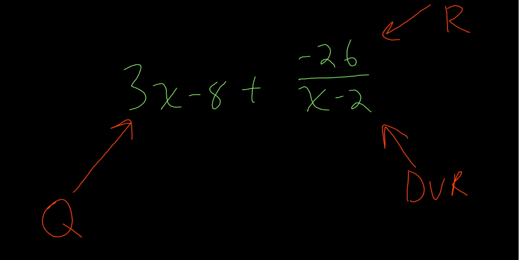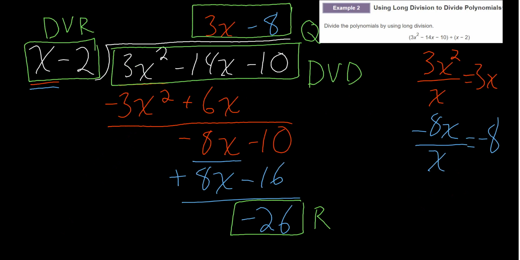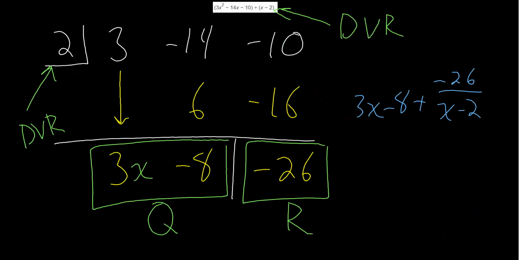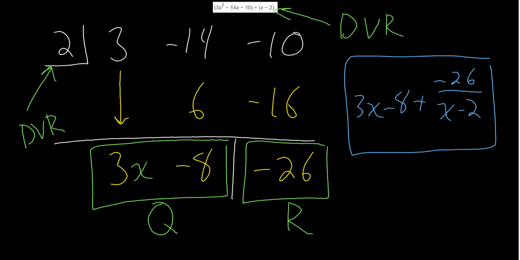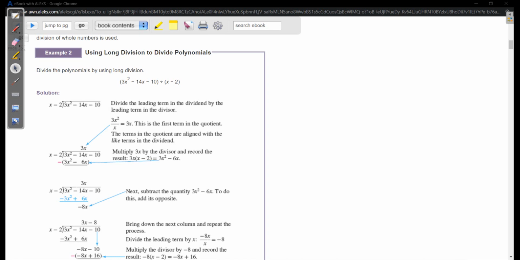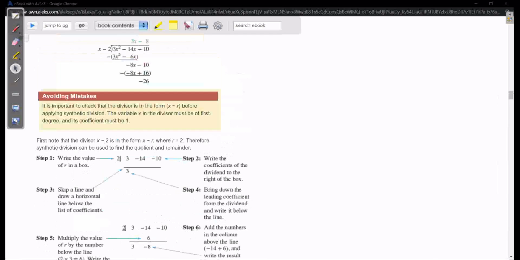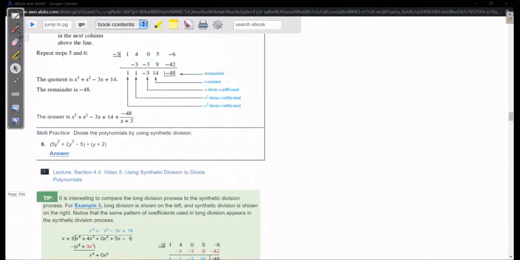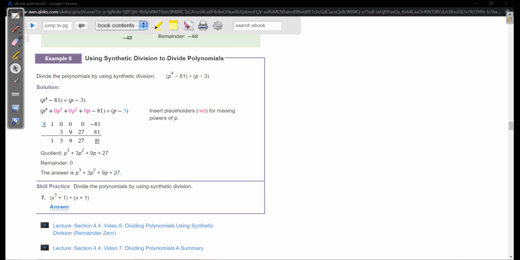So we could do long division, but if you have the option, I would do synthetic division. It's so much easier, and you get your solution. This is the exact same solution. So again, this is the exact same example we did earlier, just we did synthetic division.